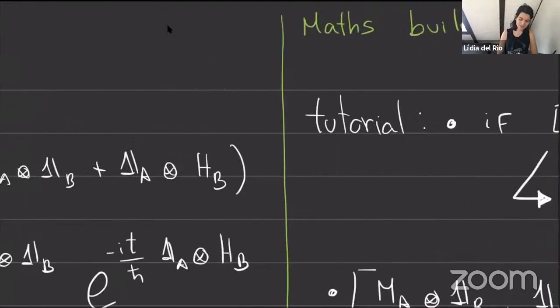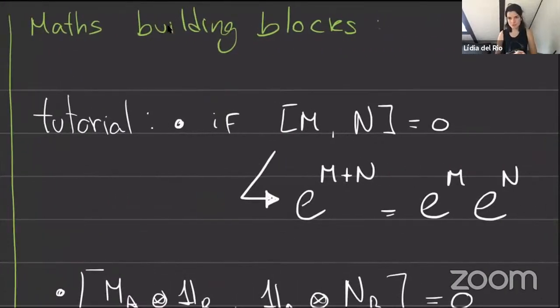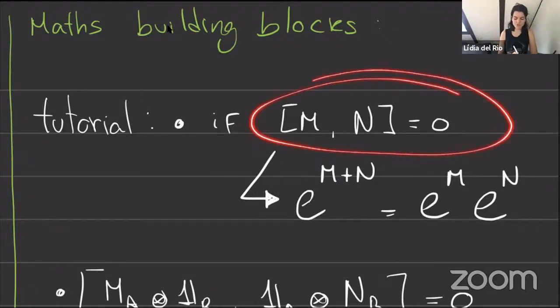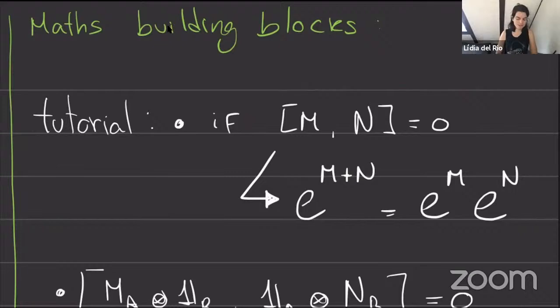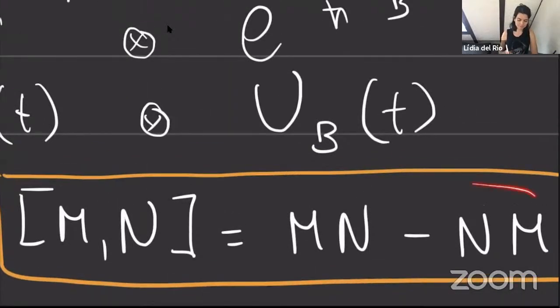On the right-hand side, I have the building blocks needed. These are some that you saw in the tutorial. First, does everyone remember what the commutator of two matrices is? It's just this thing here. The commutator of M and N, I represent it like this. It's a common notation, although it depends on the field.